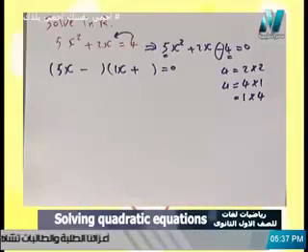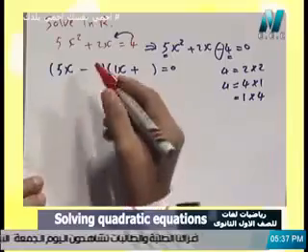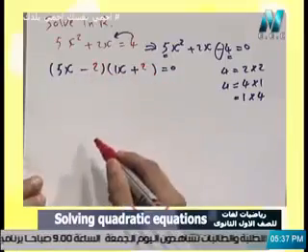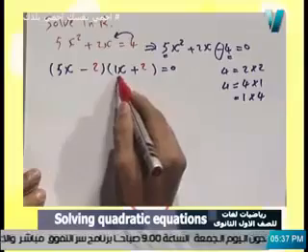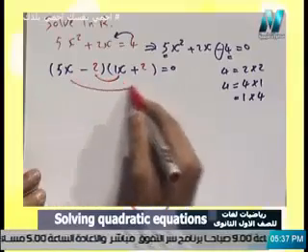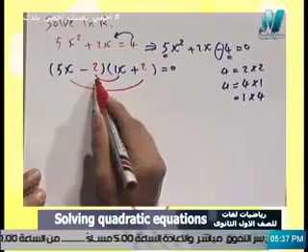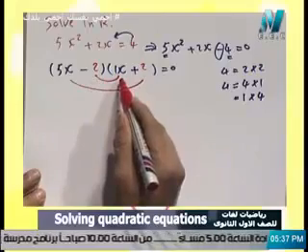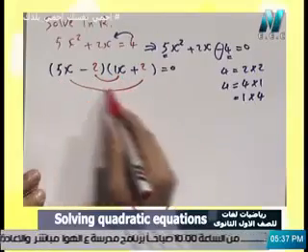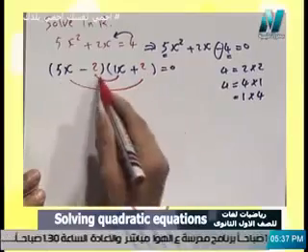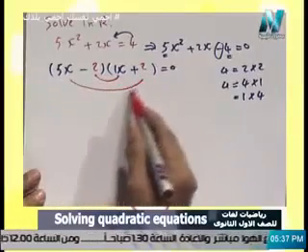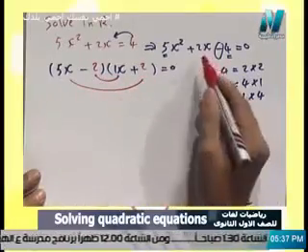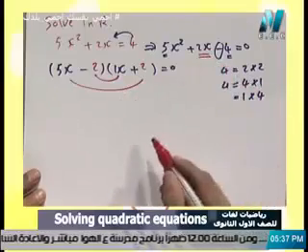First, we will put 2 multiplied by 2 to check. Find the product of means and product of extremes. The product of means here is negative 2x, and the product of extremes equals 10x. Negative 2x plus 10x equals 8x. But the middle term here equals 2x.